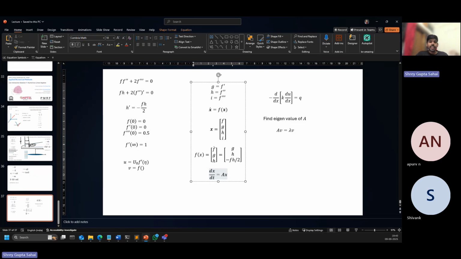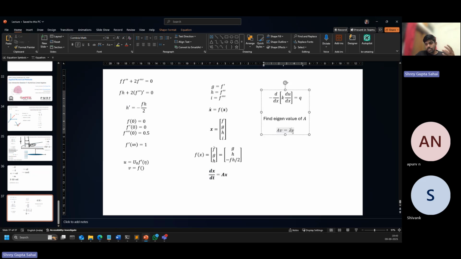Then the eigenvalues dictate whether your solution will grow, shrink, or go to zero in time, because the tensor is operating on this vector, so it will either be stretched or shrunk. That decides whether your value will explode or go down, and there comes the notion of stability. If the real parts of the eigenvalues are always negative, you have a stable system. If they're positive, you have an unstable system.